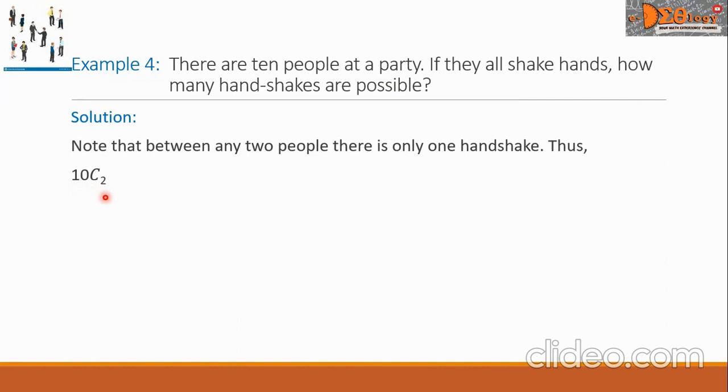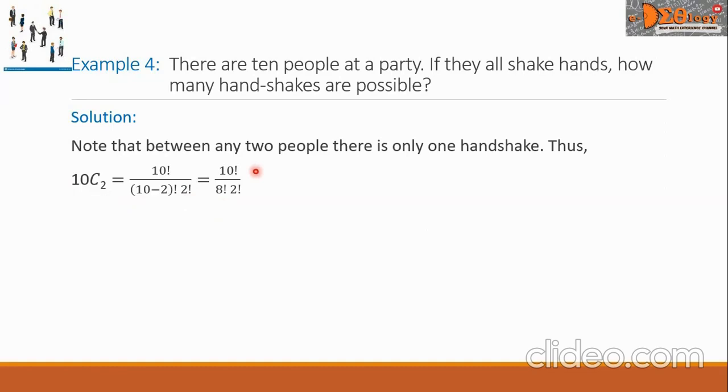Using our formula, we have now 10 factorial over the denominator 10 minus 2 factorial times 2 factorial. Let us first simplify the 10 minus 2. It will give us 8 factorial. Then let us now simplify the respective factorials.